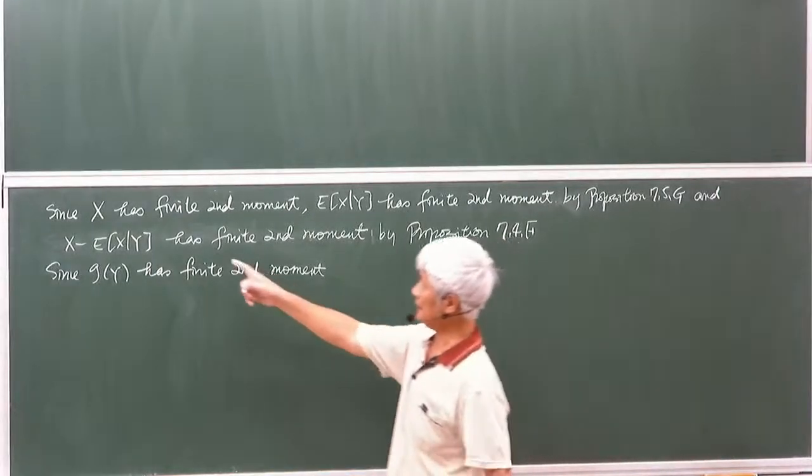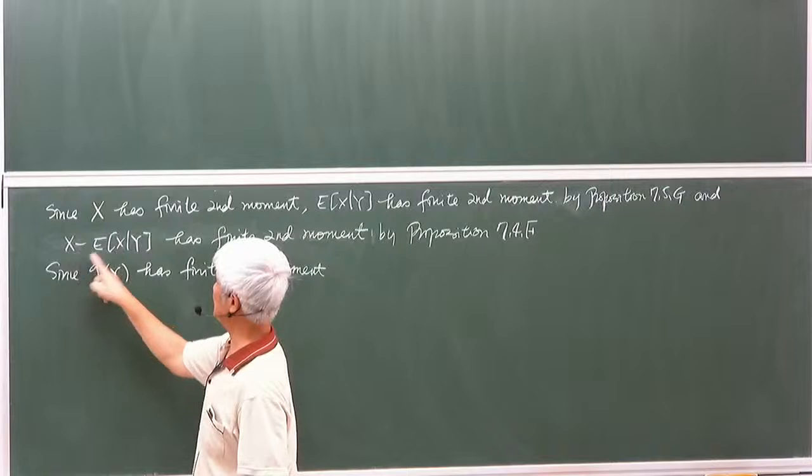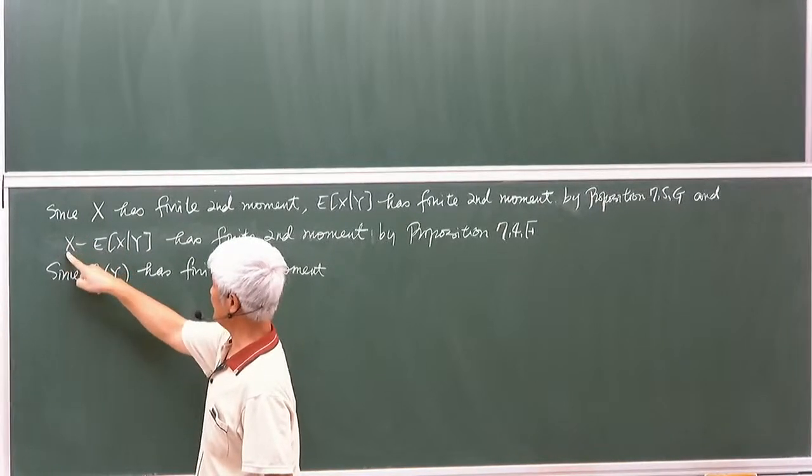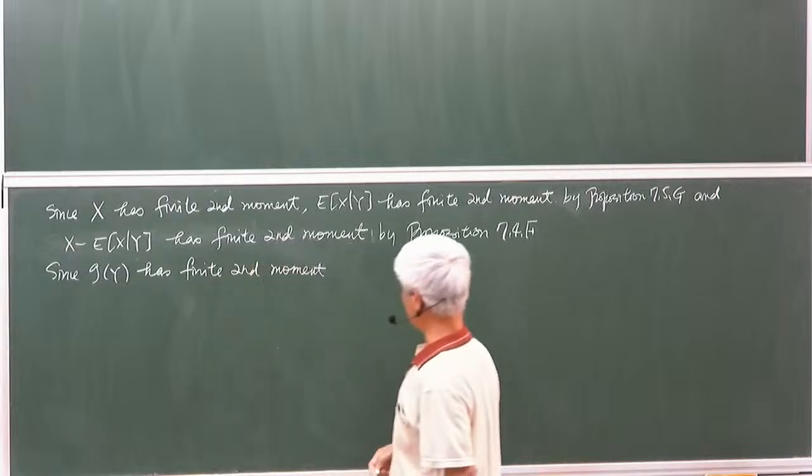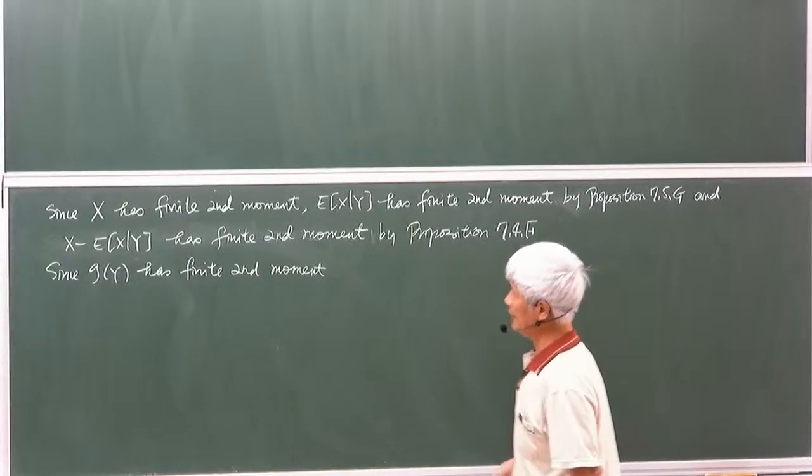So this is the linear combination of two random variables. This one has finite second moment, and this one has finite second moment, so the difference will have finite second moment by this proposition.